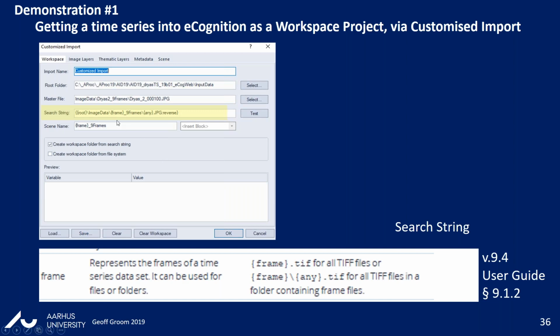And the key part of that is the search string and the use of this reserved variable, a token called frames or frame. It's set within curly brackets. It's one of the sets of so-called blocks which can be used in search strings and in scene names. So I'm using the frame there in the scene name.